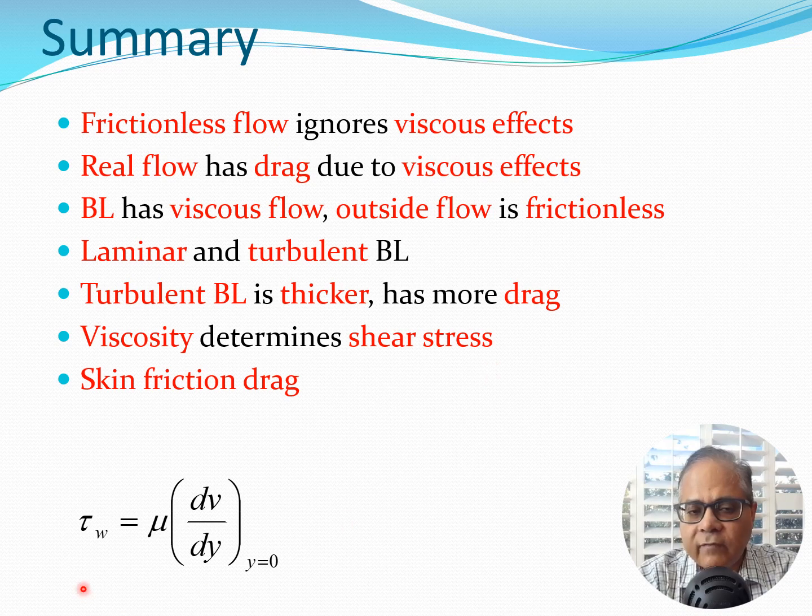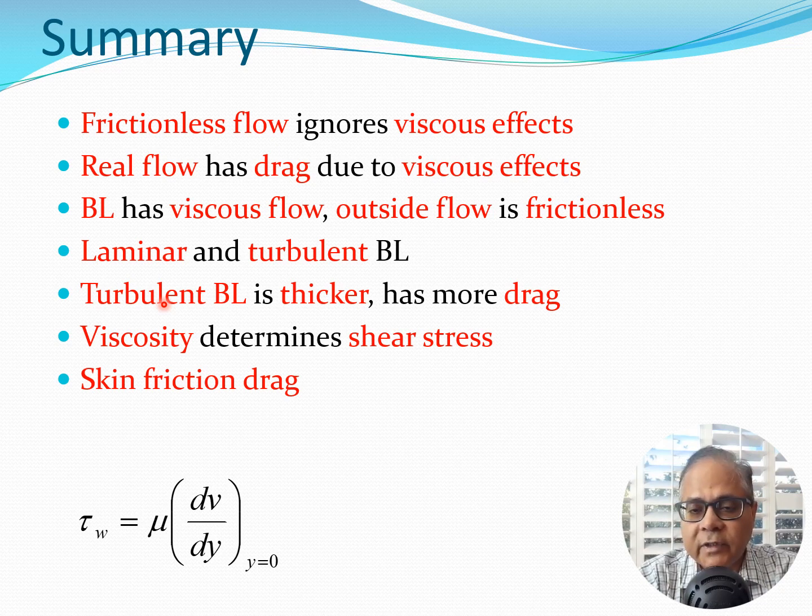Again, from this equation here, we can clearly see the link between the skin friction drag, the viscosity, and the velocity slope at y equal to 0, or at the surface of the body. The fact that the turbulent boundary layer is thicker and the drag is more will play an important role in the design of airfoils for particular flight conditions.